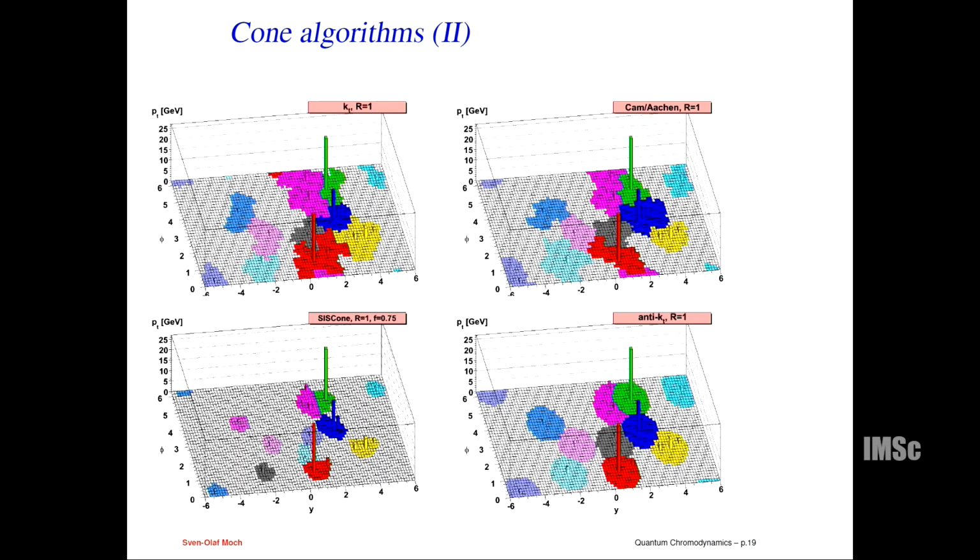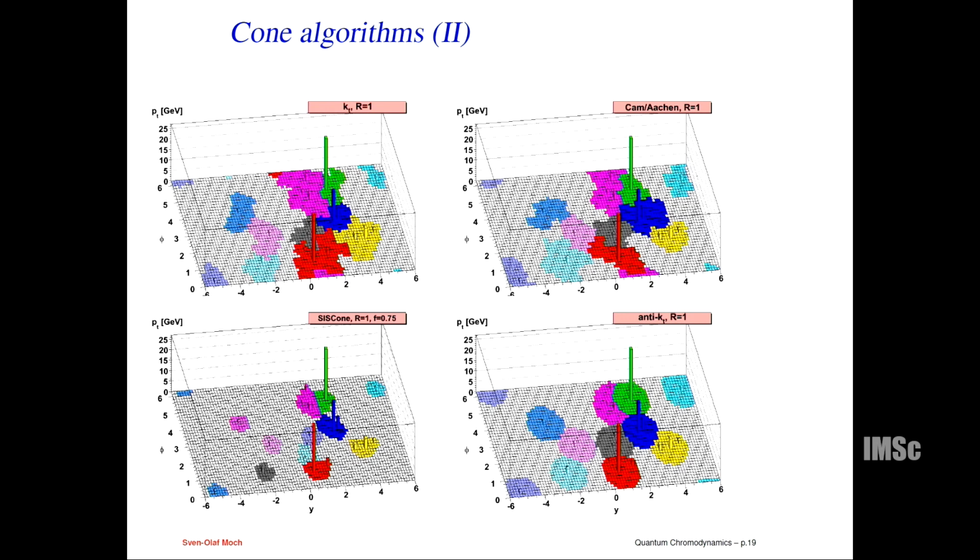Then depending on the jet algorithm that you are using and depending on the cone size, as a function of rapidity and azimuthal angle, you have different catchment areas of your jets. They're illustrated here, colored with these colors. So this is the KT algorithm, this is the anti-KT algorithm, and these were other cone algorithms here, Cambridge-Aachen, SISCone.